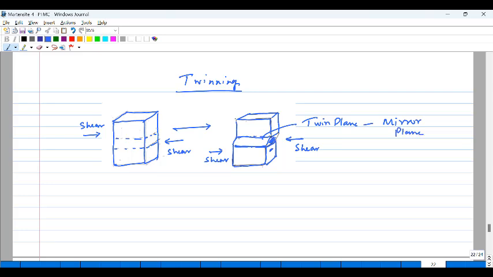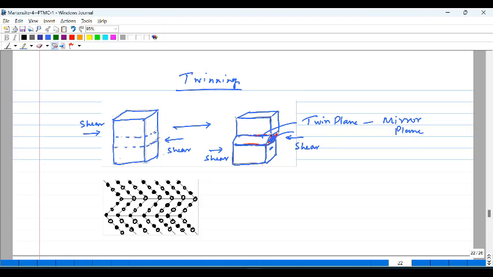and this region is the twin. The shaded area that you see here, that's the twin, and these are two twin planes. It is something like this, where these are the crystal planes where the atoms are arranged in a particular pattern.